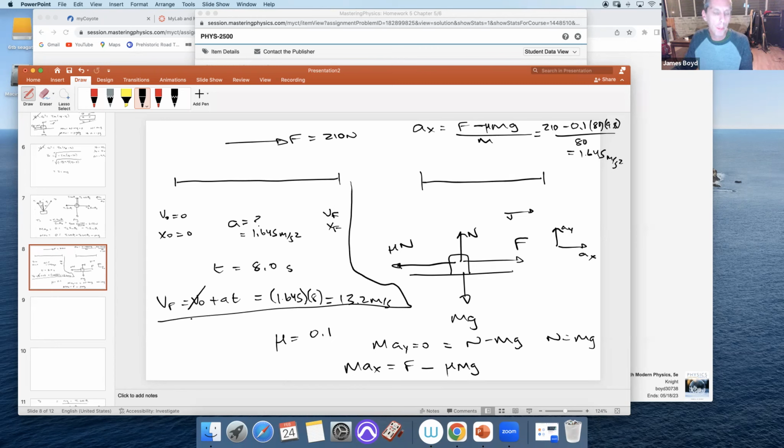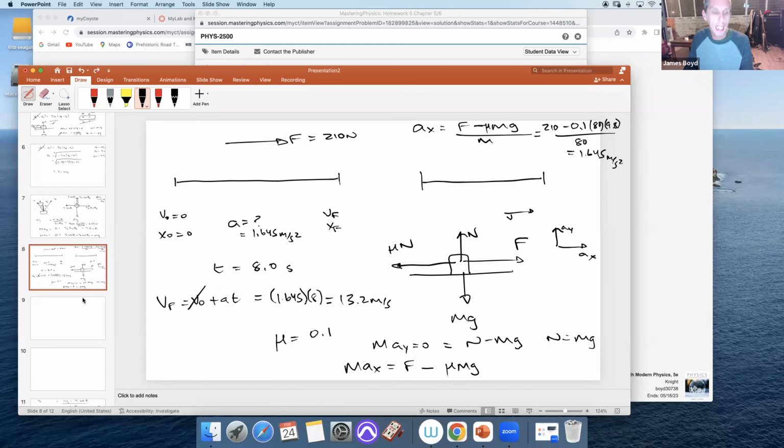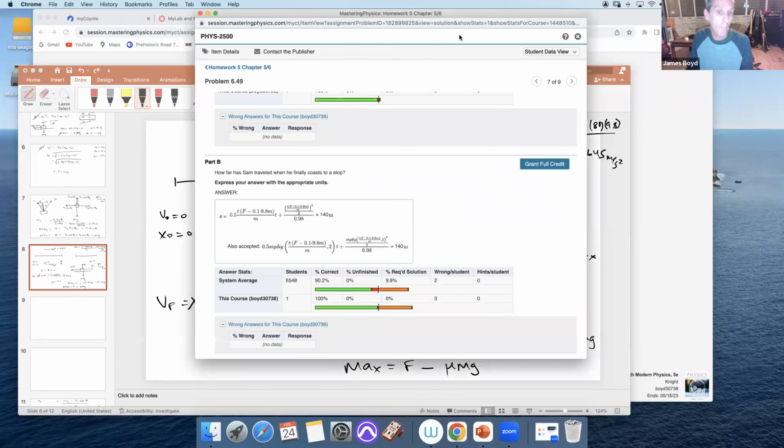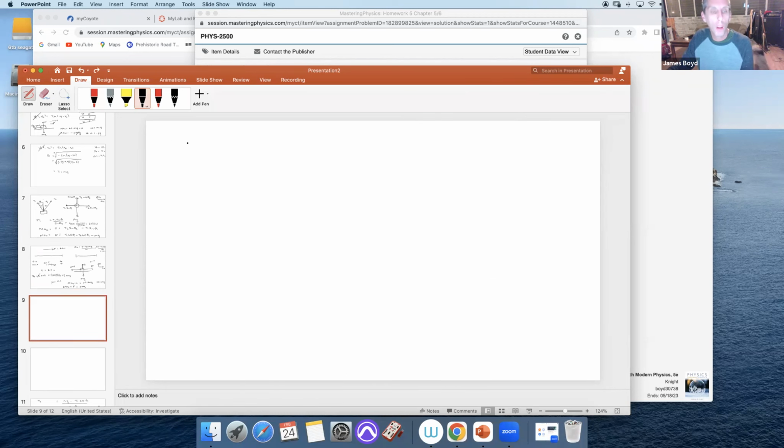Okay, 13.2. Now, how far has Sam traveled, I guess it's a he, before he stops? I think they want the full distance. So how far did Sam go? Well, x final minus x initial is v naught t plus a t squared over 2.